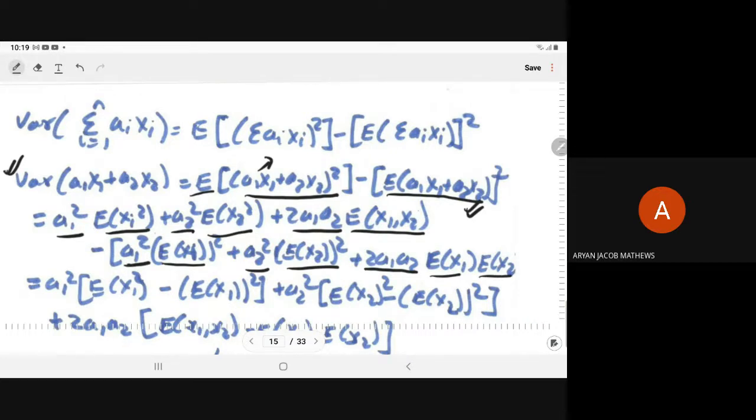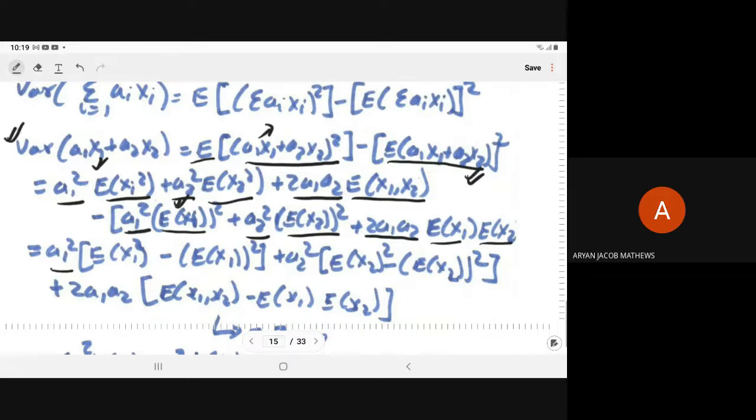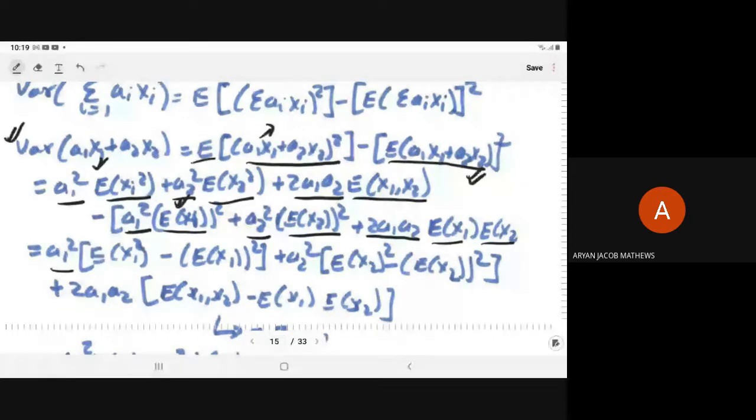Now if you take these terms, take a1 square common; in the bracket we have E of x1 square minus square of E of x1. From the other term, take a2 square common; here we have a2 square into E of x2 square minus square of E of x2.